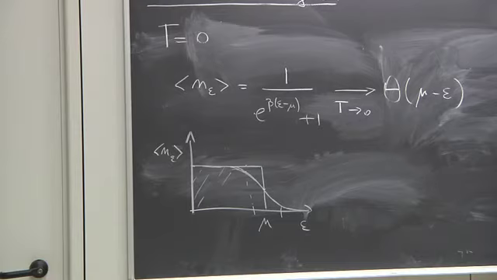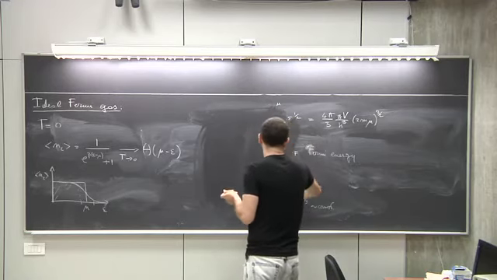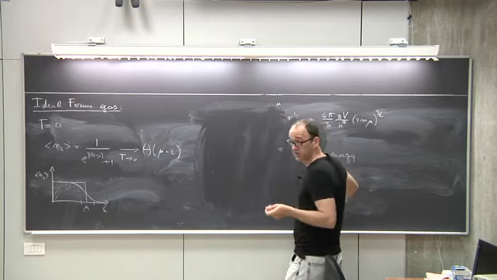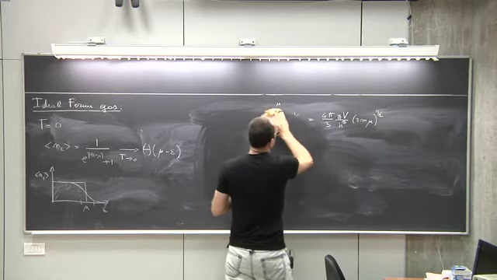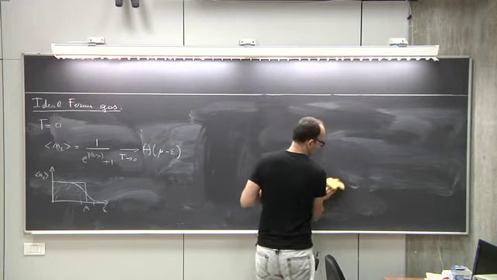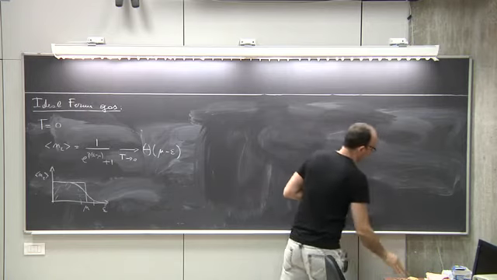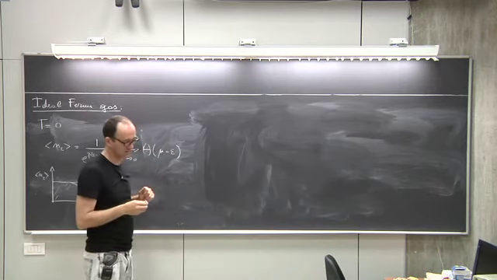Now, in order to discuss the regime where the temperature is very small, you need other approximations. Another approximation for these functions, f nu, is discussed in the book.